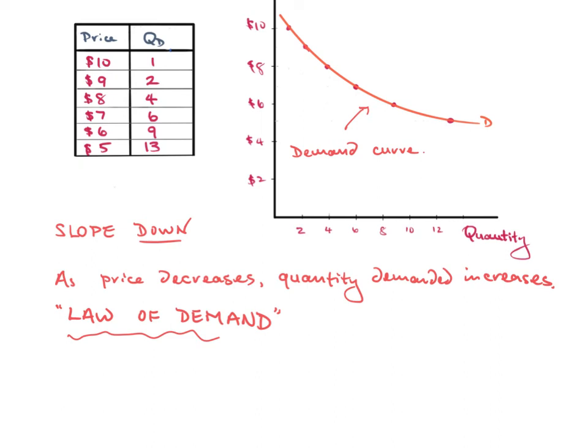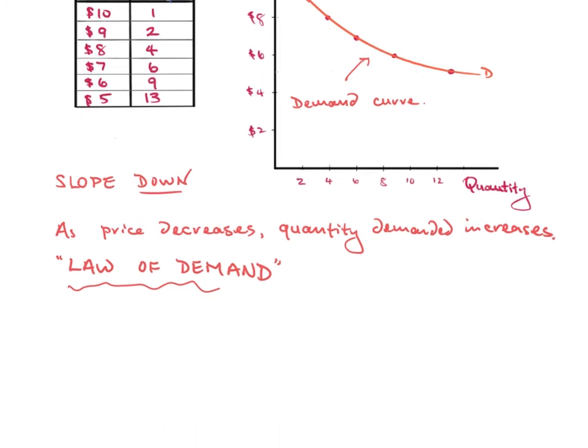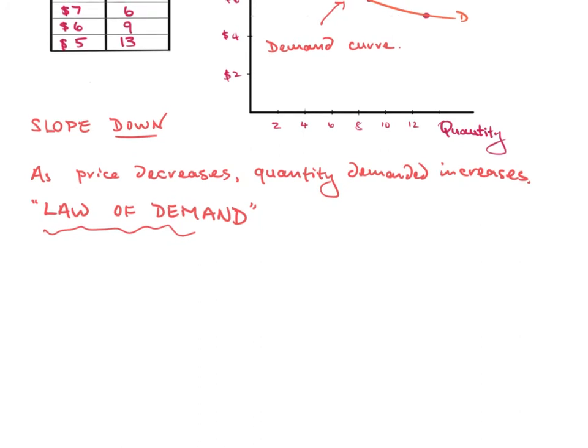We have a similar story for the opposite side of the market. So actually, let's see, I have 5 minutes. Before I go to supply, let me add a caveat to this, which is everything else the same. Assuming nothing else changes.